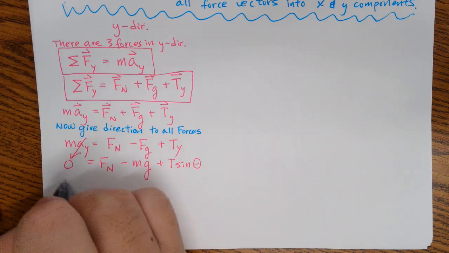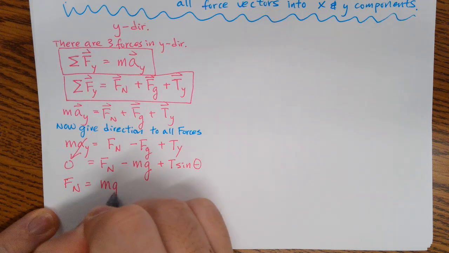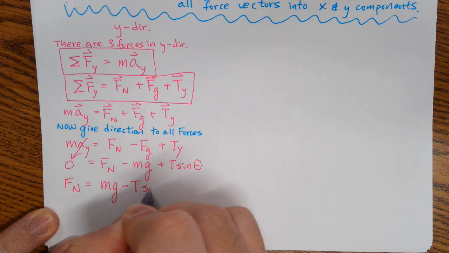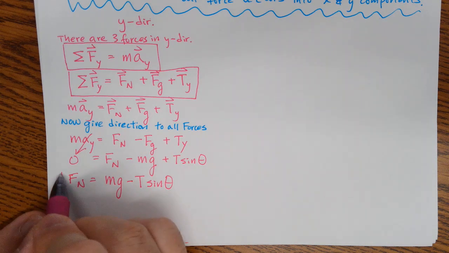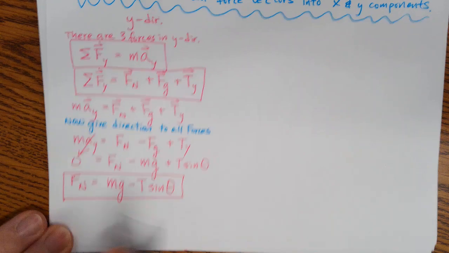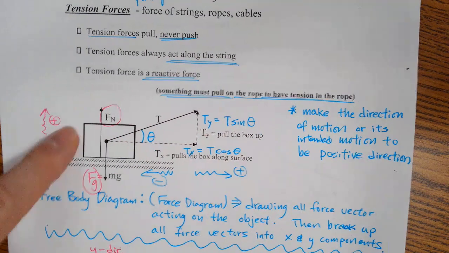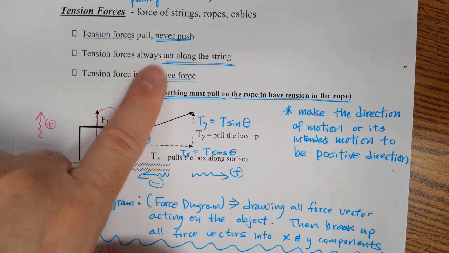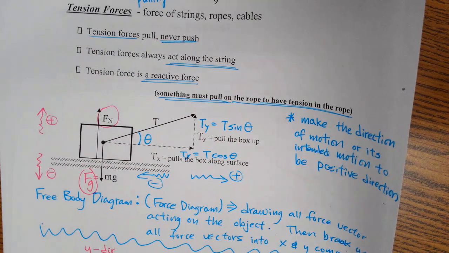Now my F normal, if I were to solve for it, is equal to mg minus T sine theta. This is not something that you memorize. This just happens to be what we derive for just this problem, because other problems can have multiple tensions, so multiple applied forces.